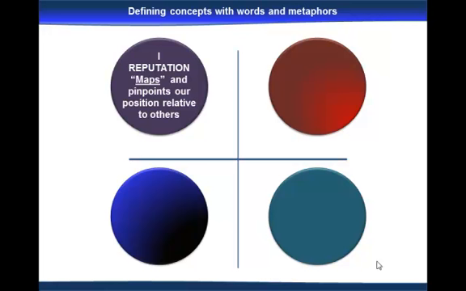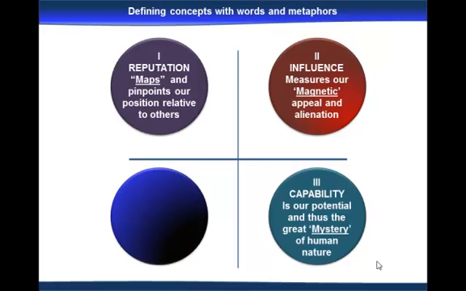I want to define these concepts, these 4 variables, beginning with reputation. And for the purpose of this presentation, let us say that our reputation is something that maps and pinpoints our position relative to others. And let's define influence as a measure of our magnetic appeal or alienation.